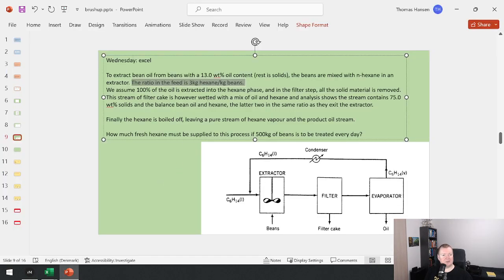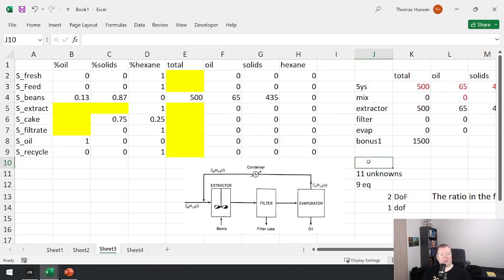What other information do we have? Here. The stream of filter cake is wetted with a mix of oil and hexane, and analysis shows it contains 75 weight % solids, balanced bean and oil hexane, and those two have to be in the same ratio as the stream exiting over here. Okay, how do we set that up? Bonus 2.